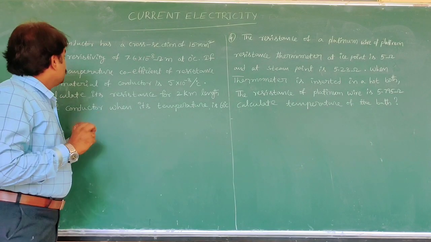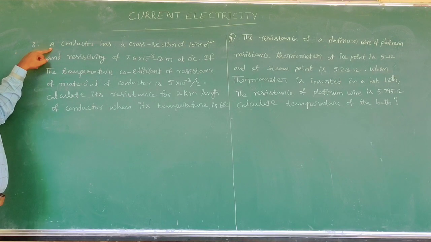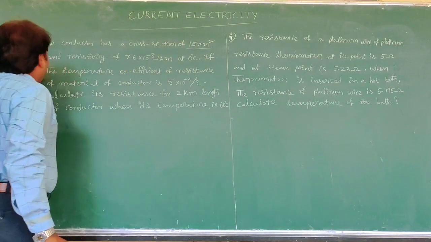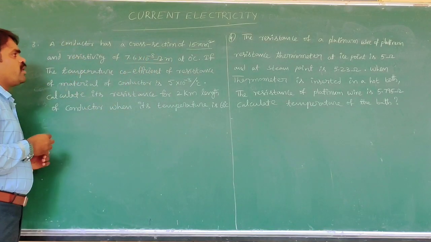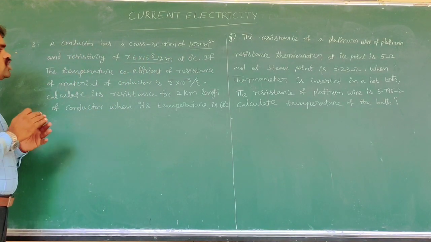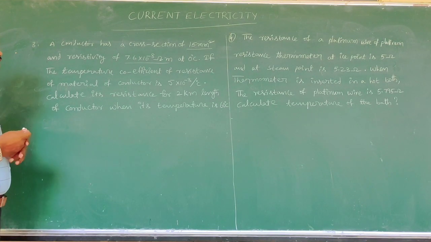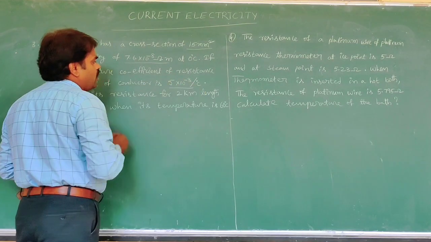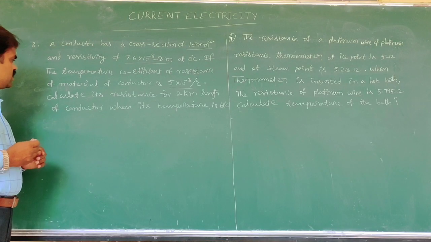Now going to the third problem. Here a conductor has a cross section of 15 millimeter square and resistivity 7.6 into 10 to the power of minus 8 ohm meter at 0 degrees Celsius. The temperature coefficient of resistance of the material of the conductor, alpha, is given as 5 into 10 to the power of minus 3 per degree Celsius.